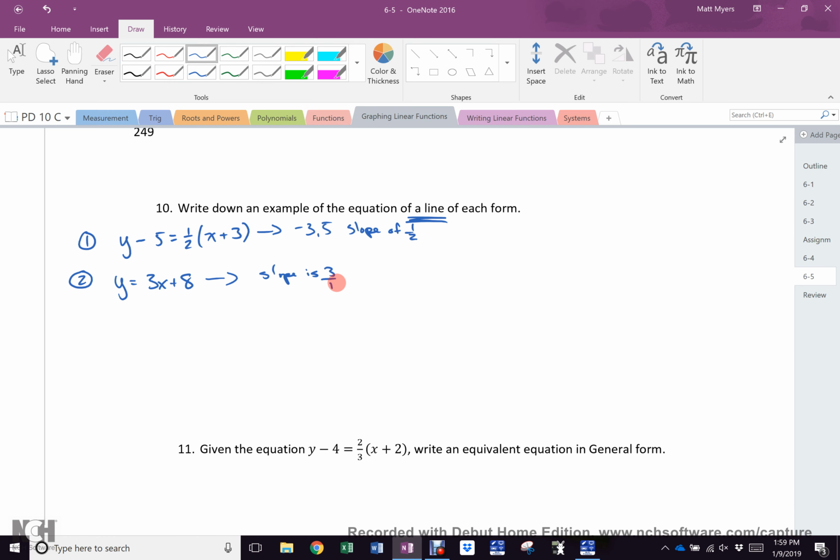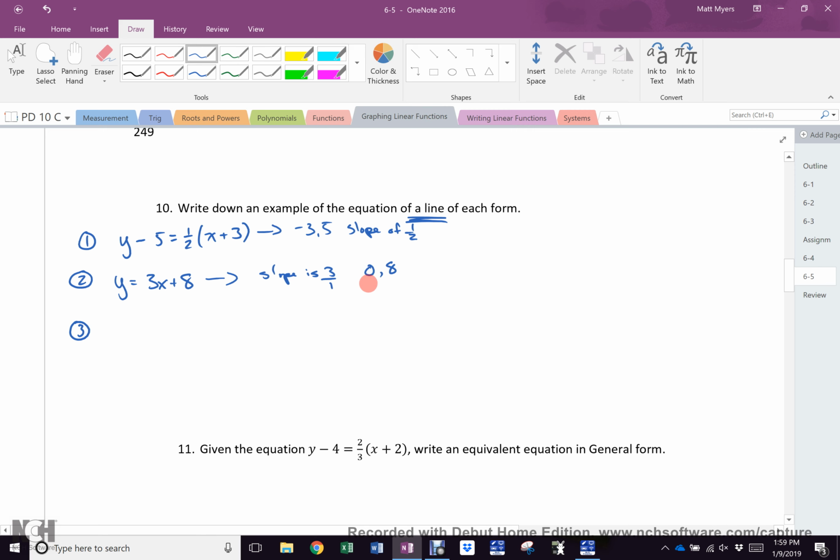So what is that as a point on the graph? 0, 8. Point slope form. Slope intercept form. For the second one, how did you get 0, 8? The y-intercept is 8 when x is 0. All y-intercepts are 0, comma y.